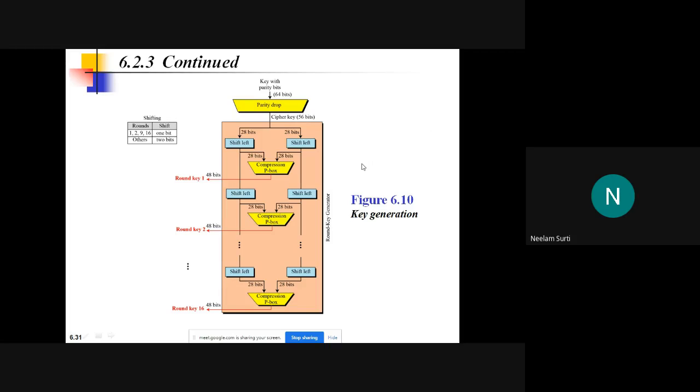When we increase the complexity, the key bits have to impact multiple ciphertext bits. So not a single bit, not two, not three, but an arbitrary bunch of bits from the key has to affect the ciphertext bits. Because of that, this 56 bits is converted into 48 bits.